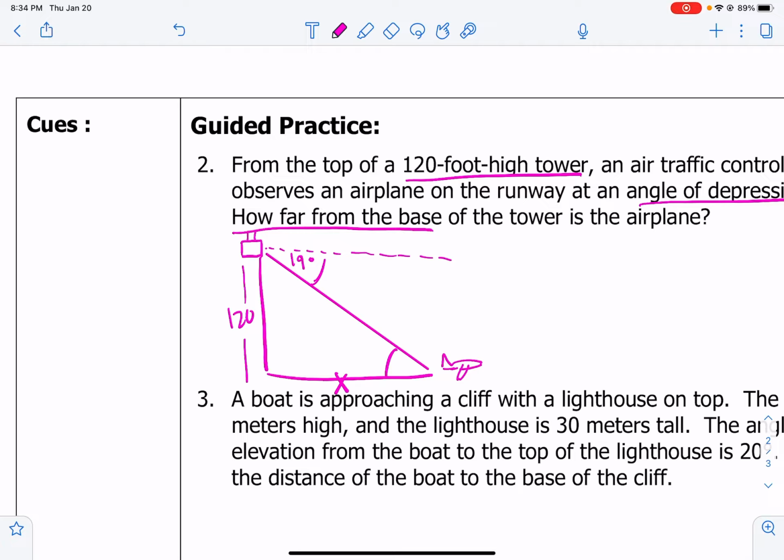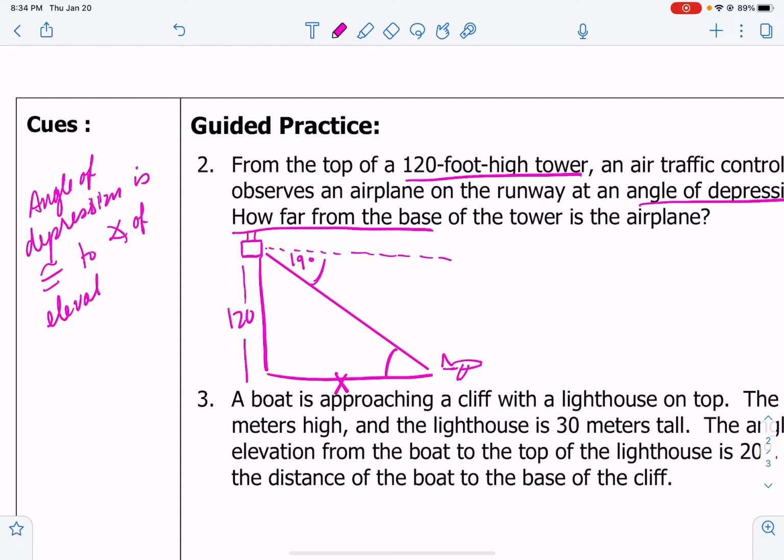So the angle of depression is congruent to the angle of elevation. So if this is 19, then this is 19.